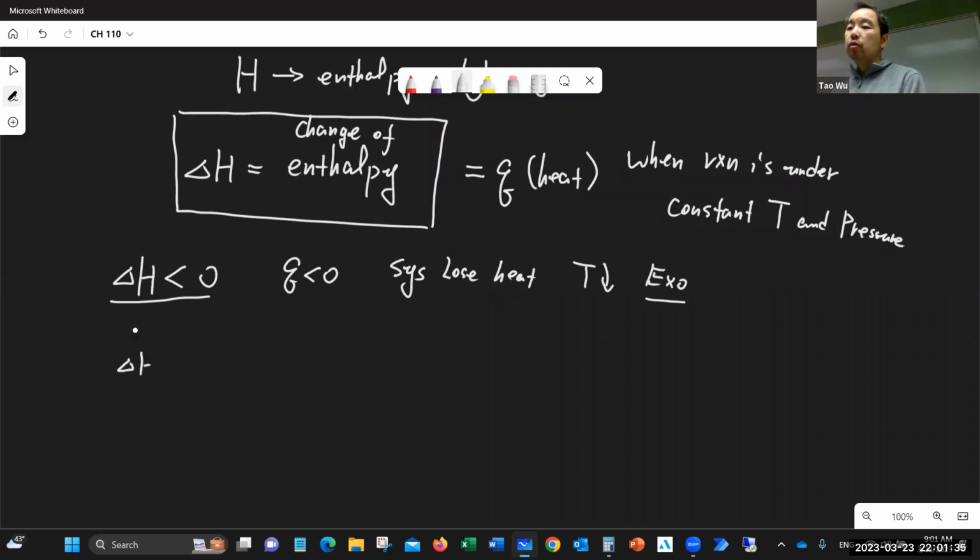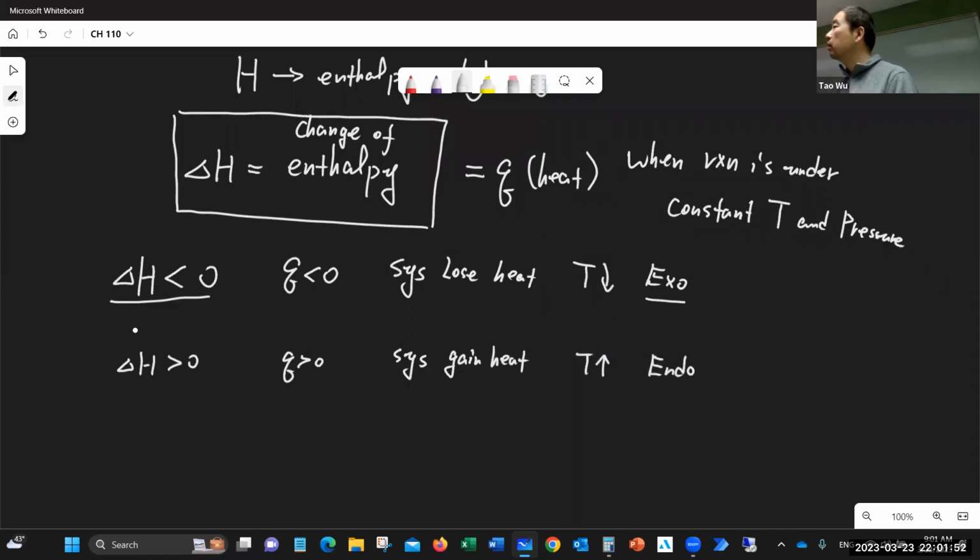If delta H is larger than 0, then Q is larger than 0, and that means the system gains heat, and the temperature will go up, and this is an endothermic process. Maybe the temperature going up is not always the case, but this is definitely exothermic or endothermic.